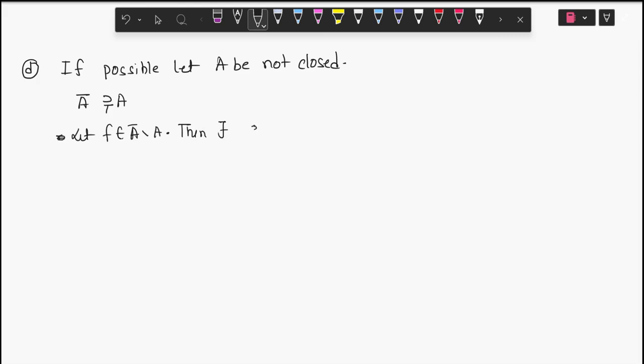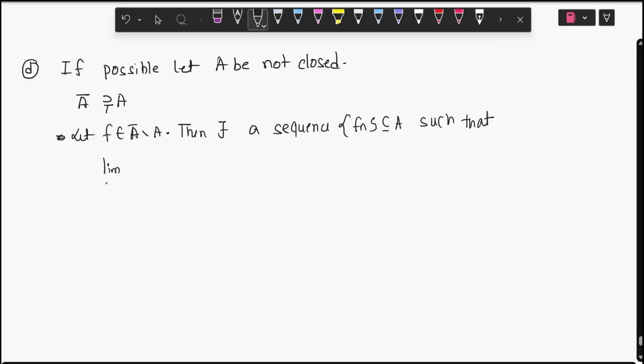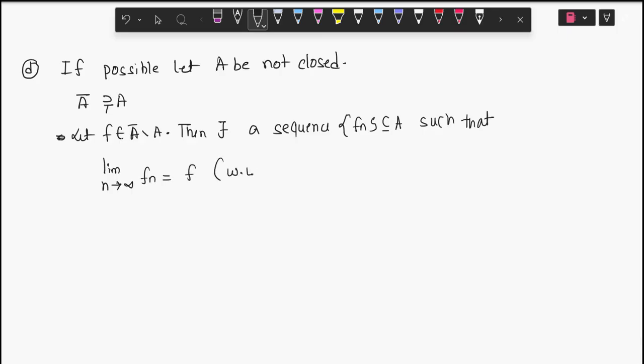there exists a sequence fn in A such that limit n tends to infinity, fn equals f, obviously with respect to the metric d2.